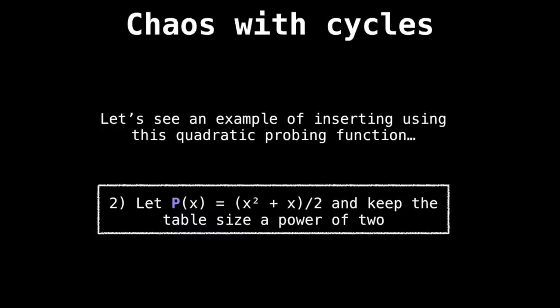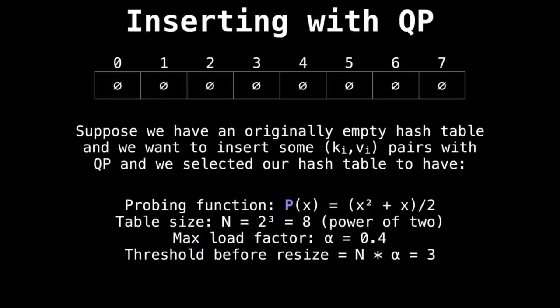So we're going to focus on the second one, where p of x equals x squared plus x divided by 2, and the table size is a power of 2. Alright, suppose we have an initially empty hash table, and we want to insert some key value pair, and we're using the following quadratic probing function.